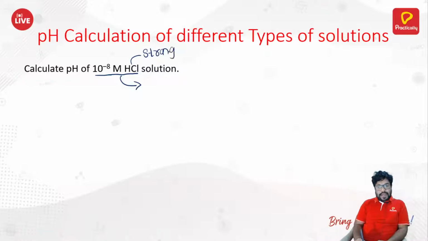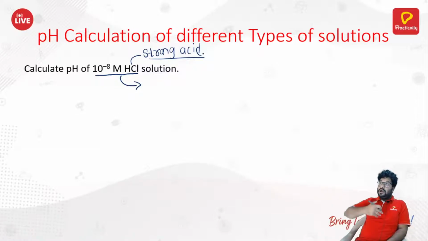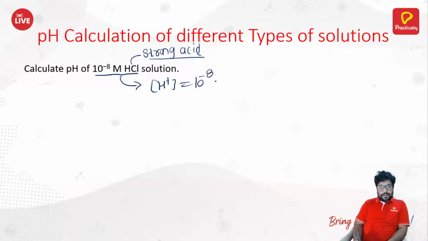HCl is a strong acid, but not that strong if you compare it with HNO3, H2SO4, HClO4, or HI, which are very strong acids. But for the time being, let's suppose HCl is a strong acid and it dissociates completely. If it dissociates completely, it will produce H plus ion equal to 10 raised to minus 8 molar only.